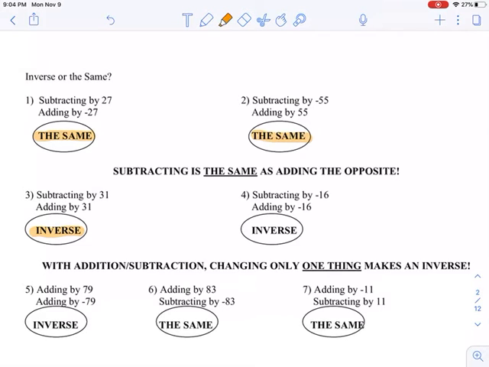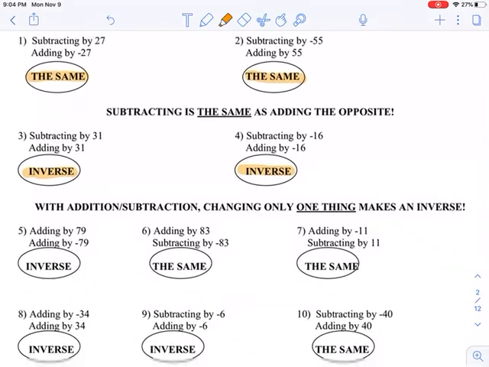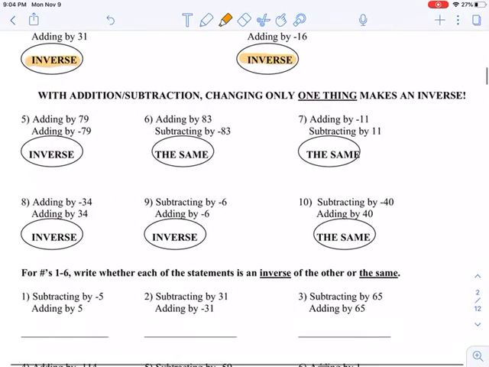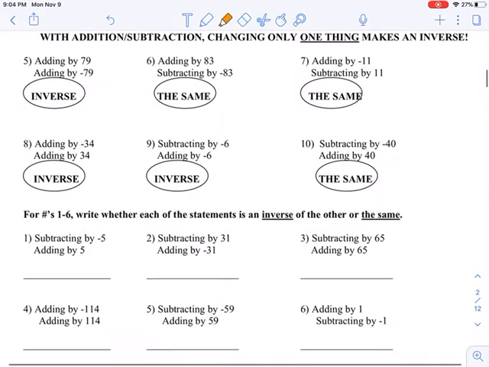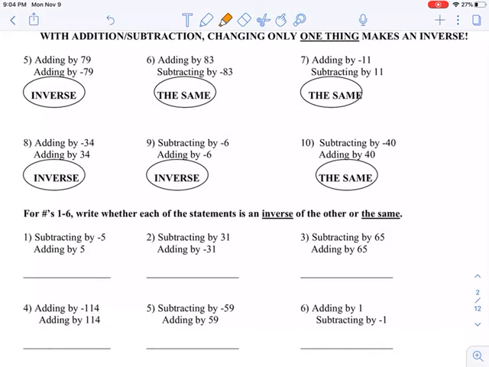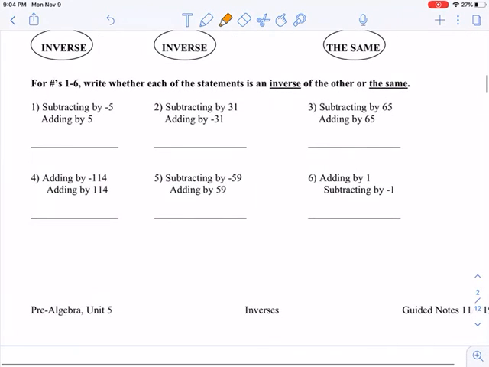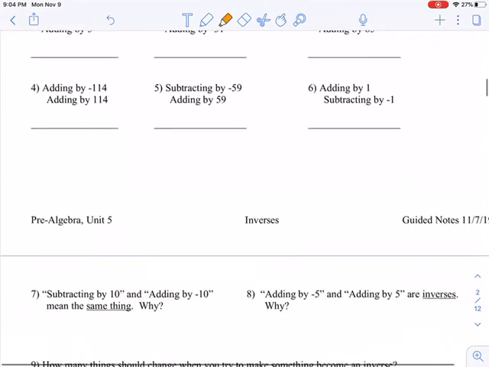Subtracting by negative 16 and adding by negative 16 is the inverse. And you can go through the rest of these here. And then you can try numbers 1 through 6 there if you want to for some extra practice, writing inverse or the same.